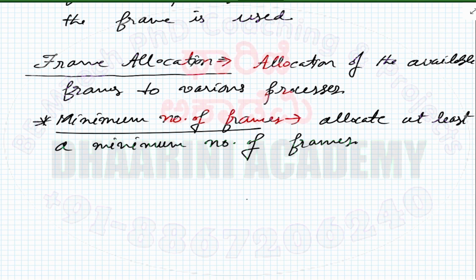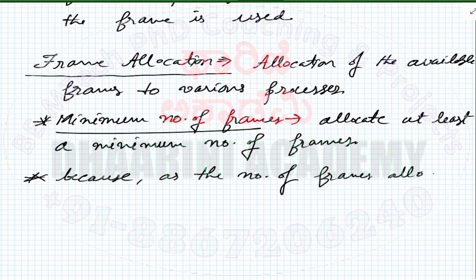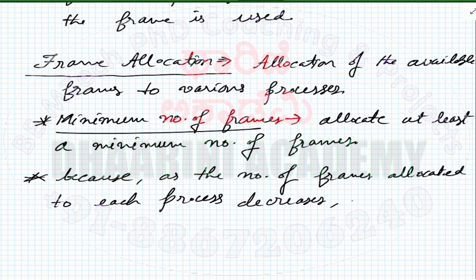Why this is so: as the number of frames allocated to each process decreases, the page fault rate increases.